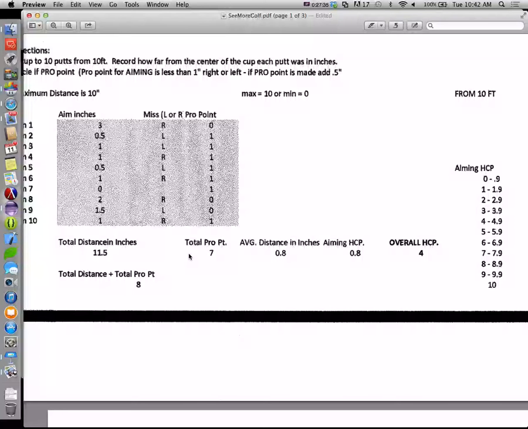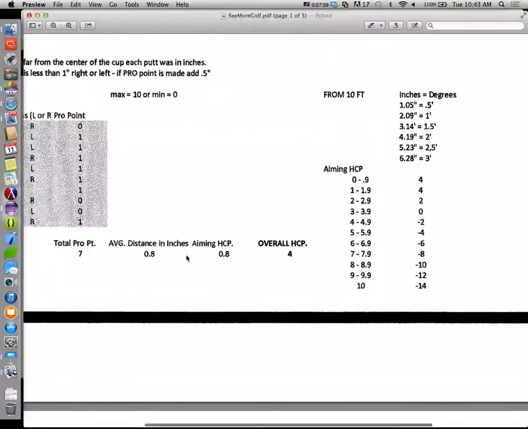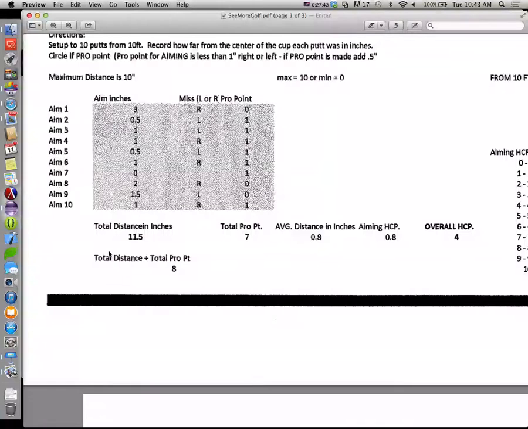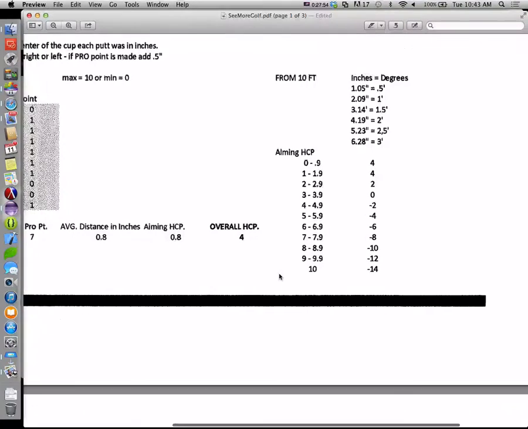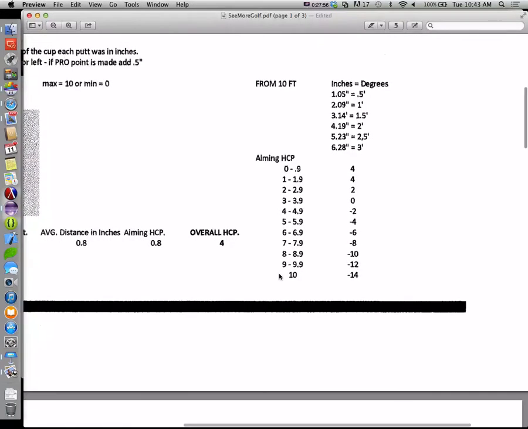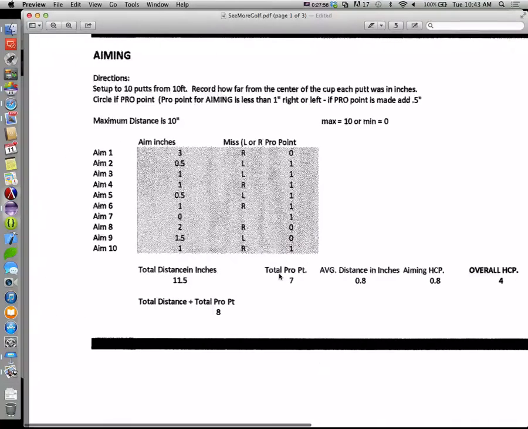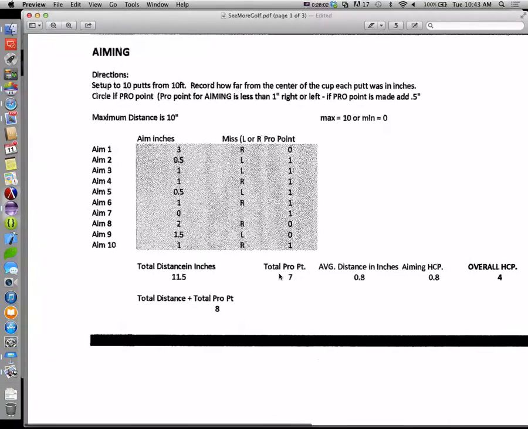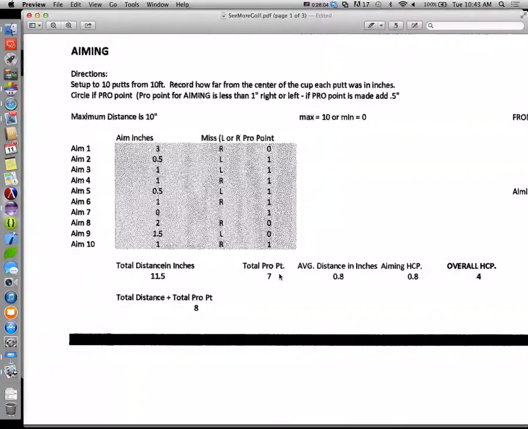Huh? What was this guy on when he wrote this? I'm thinking this is not total distance, but rather handicap. So handicap plus total pro points rounded is 8. I don't know if they're ever using that 8, but that appears to be the situation.